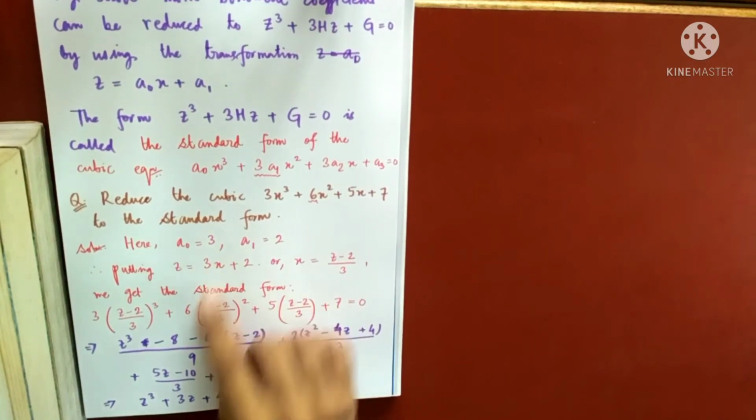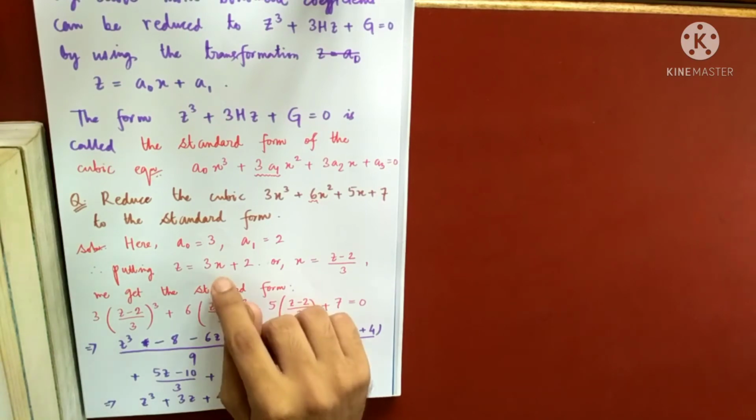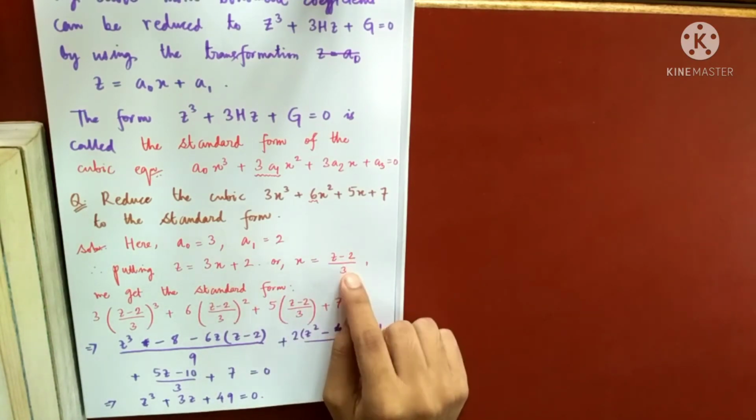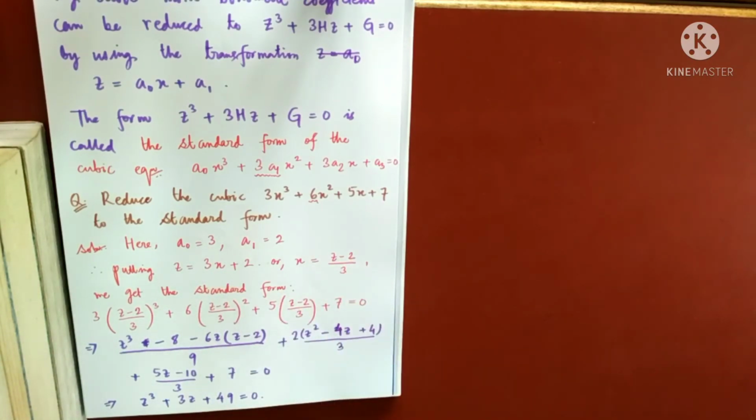Suppose some root is alpha here, then from here x will be alpha minus 2 by 3. So the basic task now is how to solve the standard form of a cubic equation. We are interested in the general solution or a method to solve a cubic in the standard form.